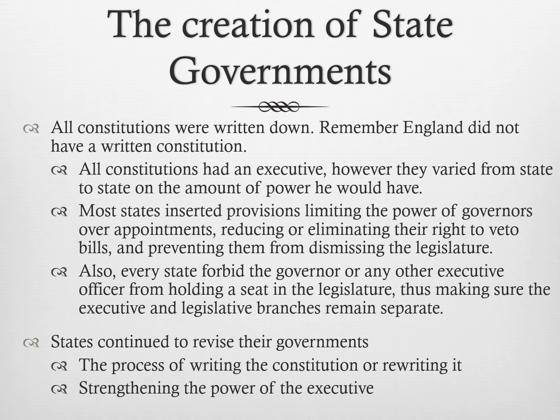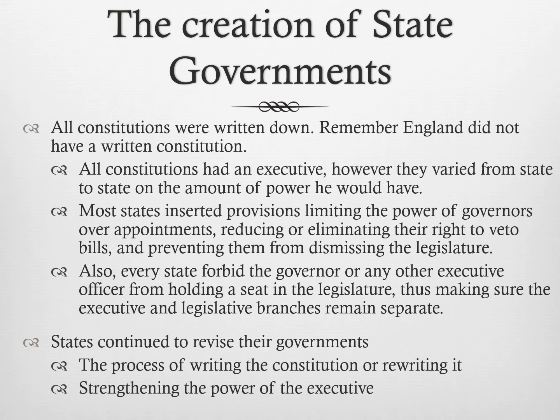Also, every state forbade the governor or any other executive officer from holding a seat in the legislature, making sure that the executive and legislative branches remain separate. So the same person could not hold jobs in two branches of the government, because that would be too much power. They had seen how that can be abused, so they were trying to protect themselves.